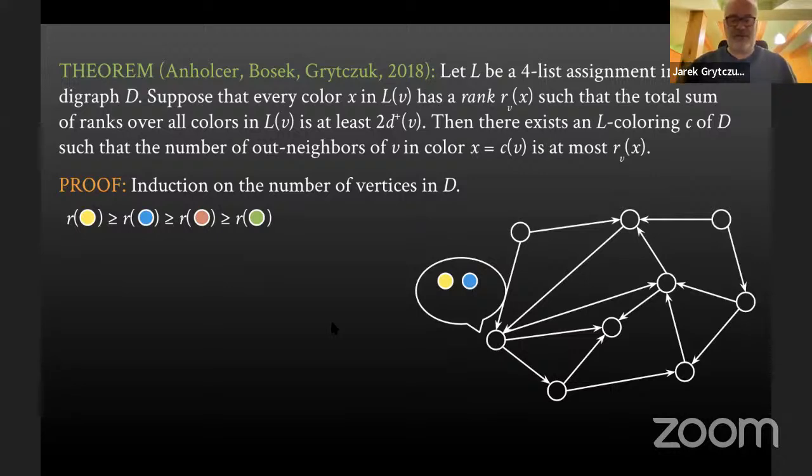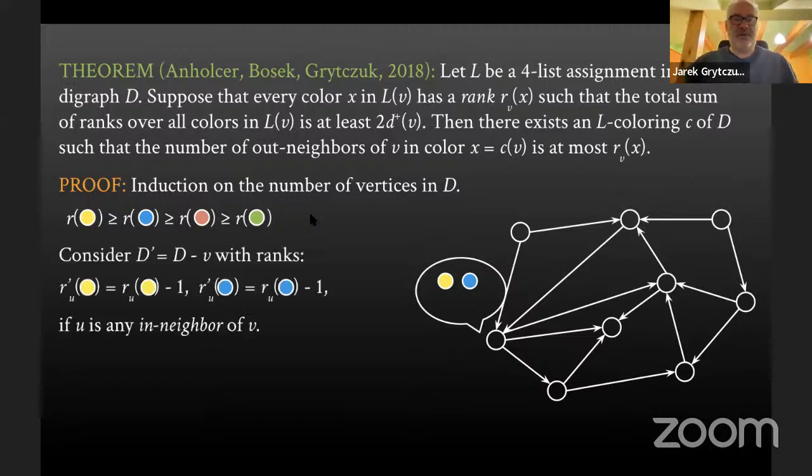We can order these ranks in a non-increasing fashion, and we declare it at the beginning, because we will delete this vertex in a while and then apply induction, but actually we will use only one of these 2 colors to finish the induction. So we focus on the 2 colors in the list with the highest ranks. Then when we remove this vertex, we get a digraph D prime, D minus V, and we have to modify some ranks of colors, but only the ranks of these 2 highest colors.